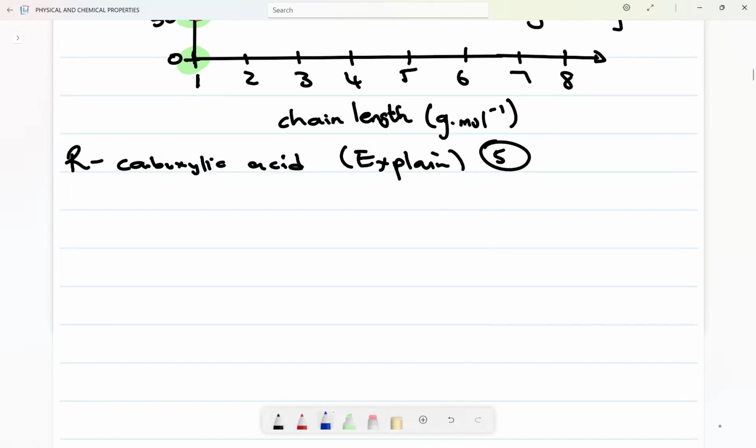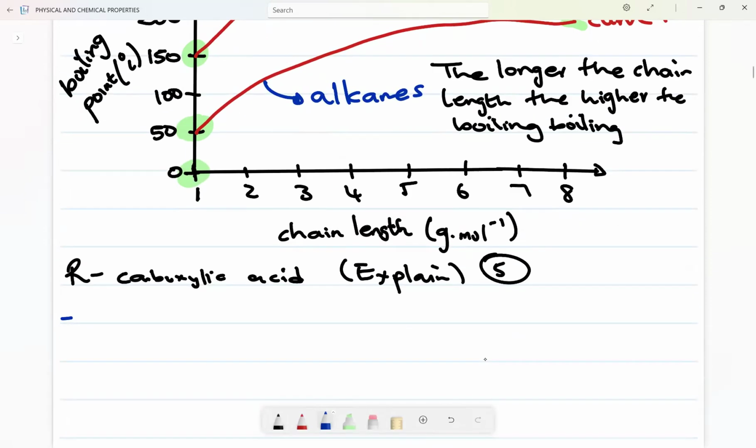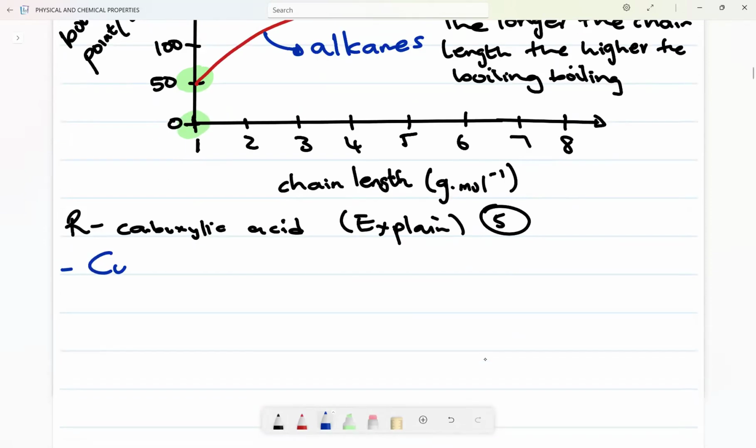You're gonna say, the first argument that I have is that Kev P has London forces.